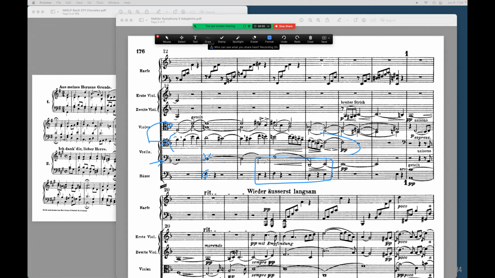Another thing this system shows very well is you don't need to use the entire string orchestra the entire time. You can just divide parts if you want to feature the low strings, which have a really nice sound. Likewise, you can do the reverse. Mahler is of course featuring the violas, cellos, and basses.